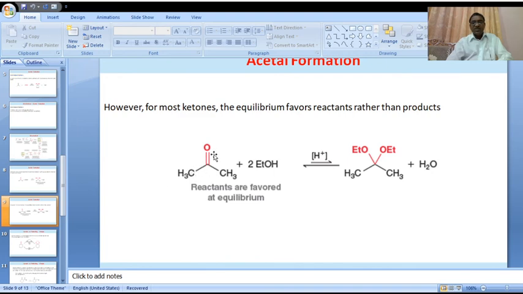In that case, this particular ketone is more stable than the aldehyde. Because of this, the equilibrium reaction favors the reactant side rather than products.